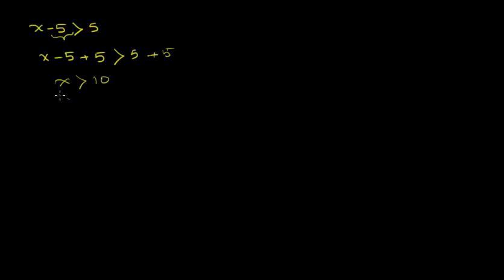Now the question is, what does it mean? What does x greater than 10 mean? It means that you have plenty of options to solve for x. Let's draw it on a number line.